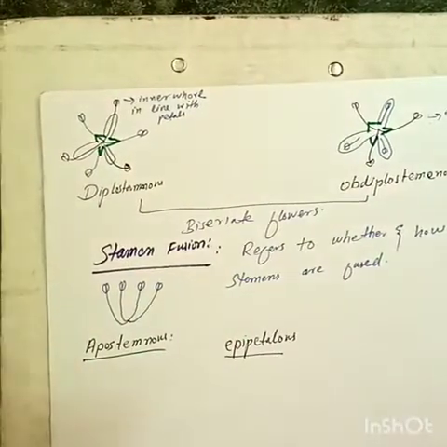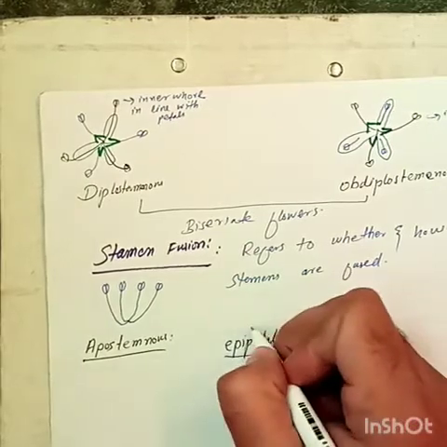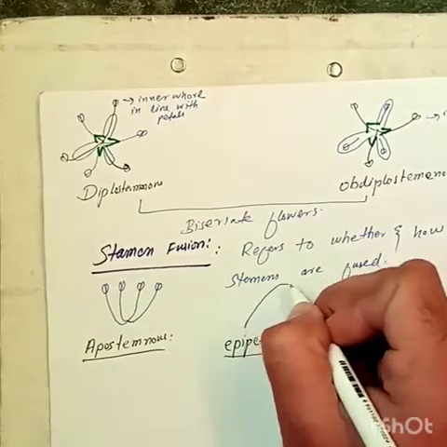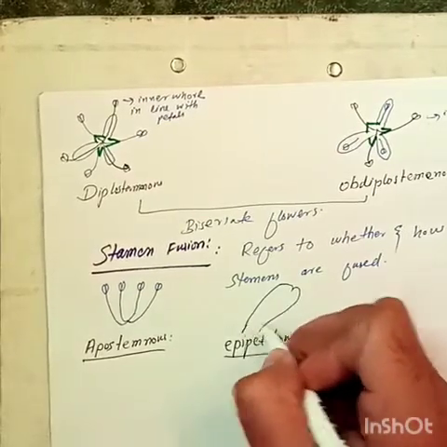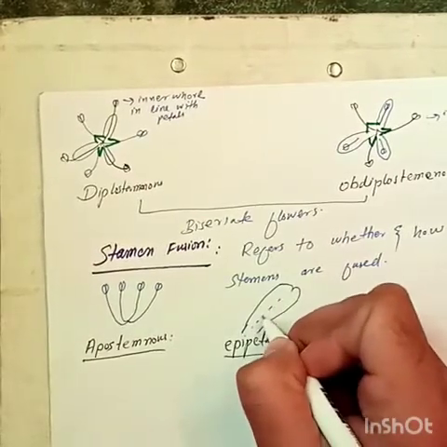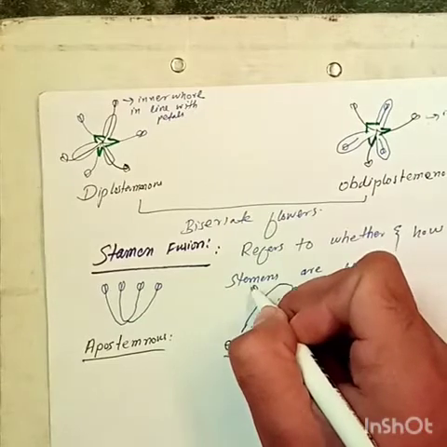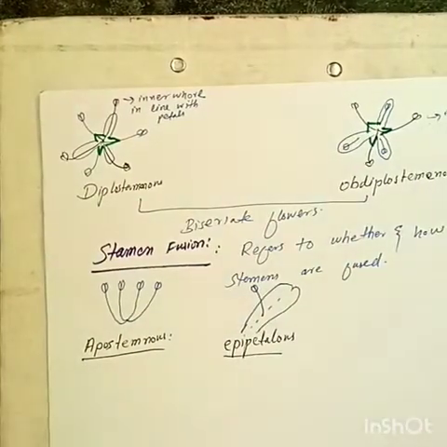What is epipetalous? In this case, the stamen is attached with the petal. This is the petal. The stamen arises from the petal. Such condition is known as epipetalous.